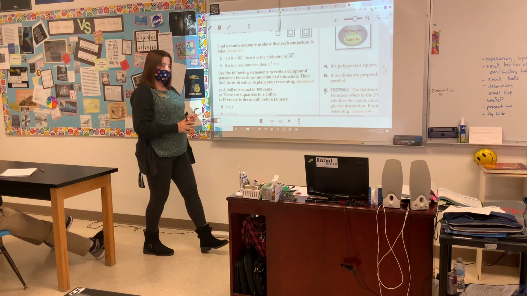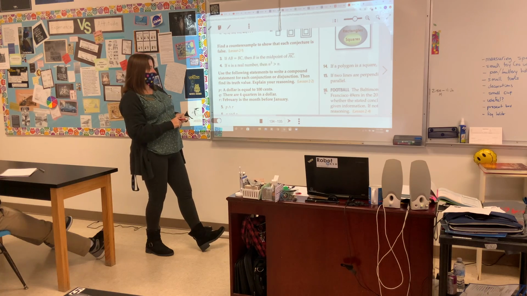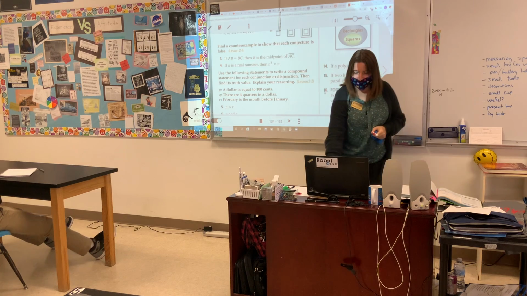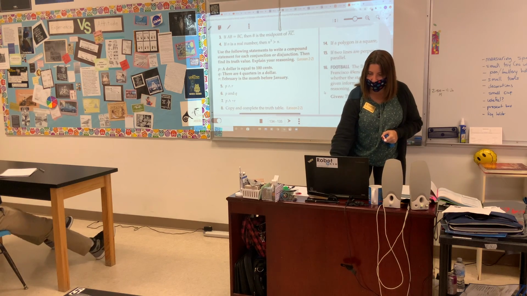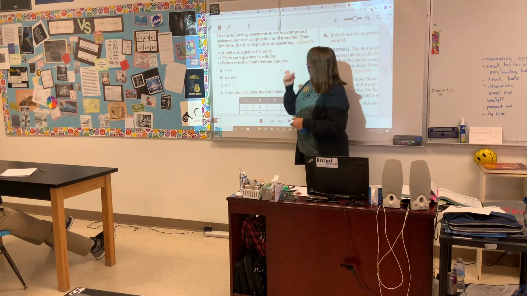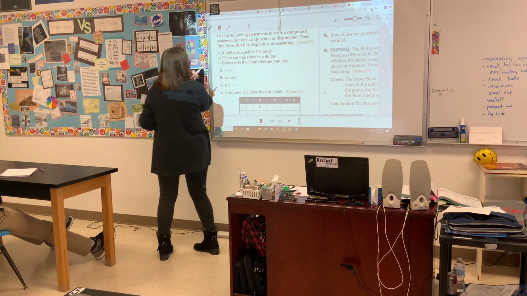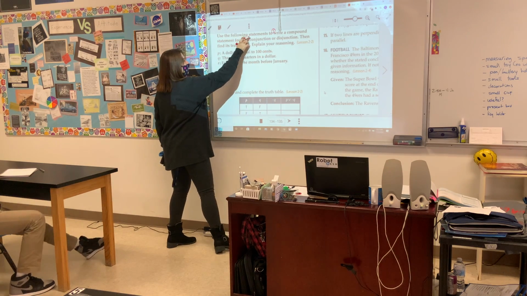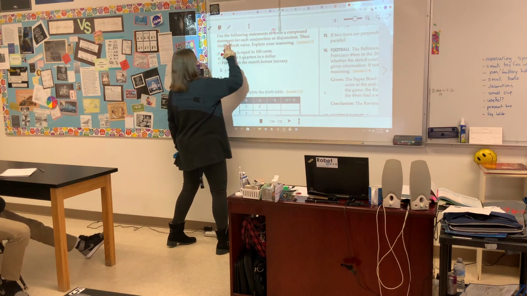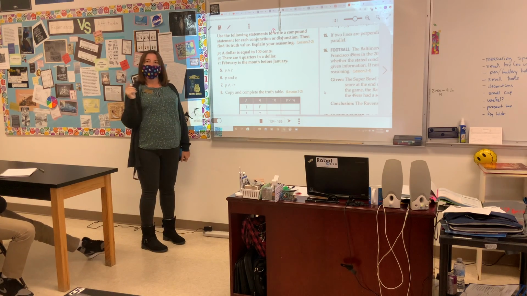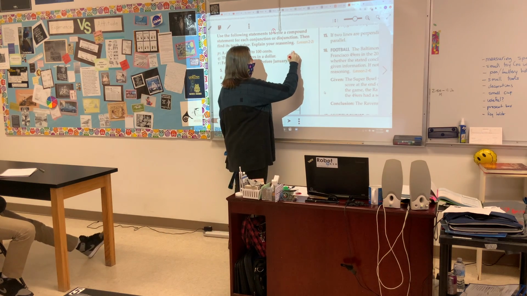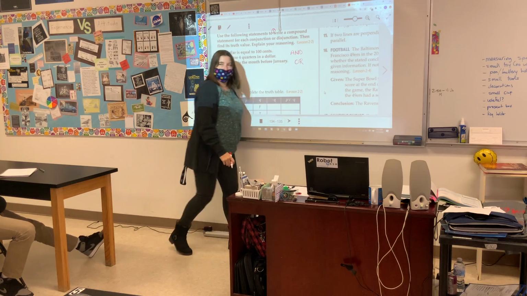Here's the next part. We're looking at lesson 2, where we start looking at compound statements. Again, we have to do more than one thing. First thing, it says use the following statements to write a compound statement. My compound statement is going to be using and or or.